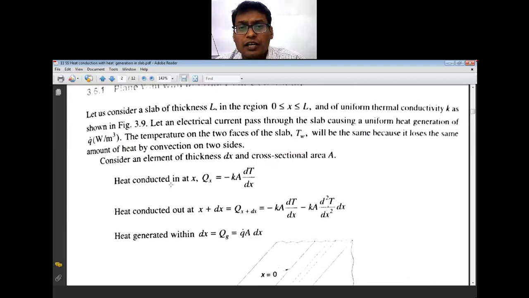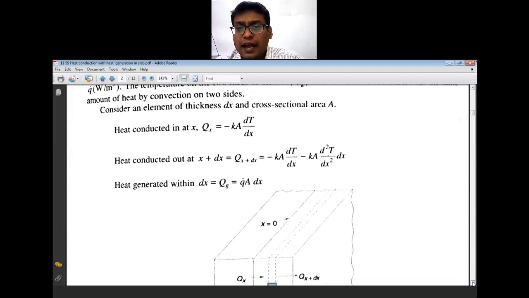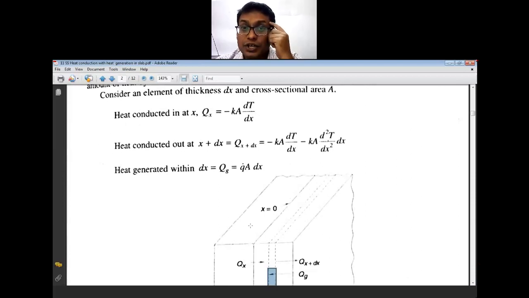Heat conducted at x, Qx, is equal to minus kA dT by dx. This is the Qx into this volume element.